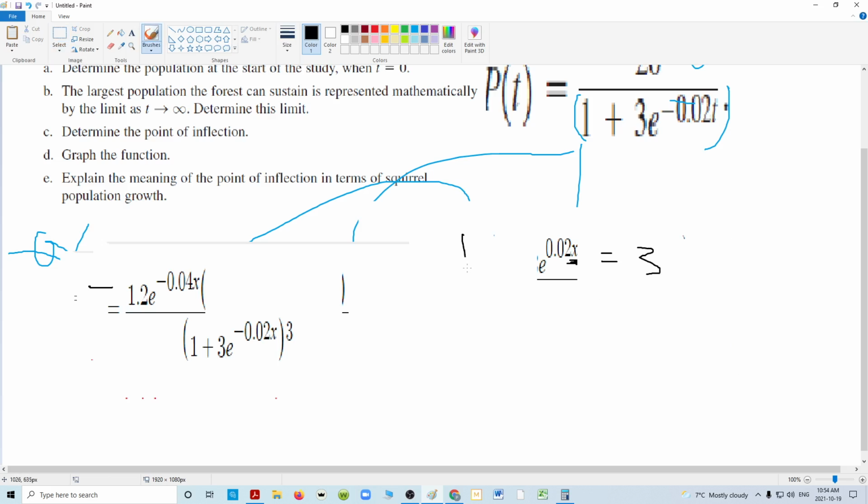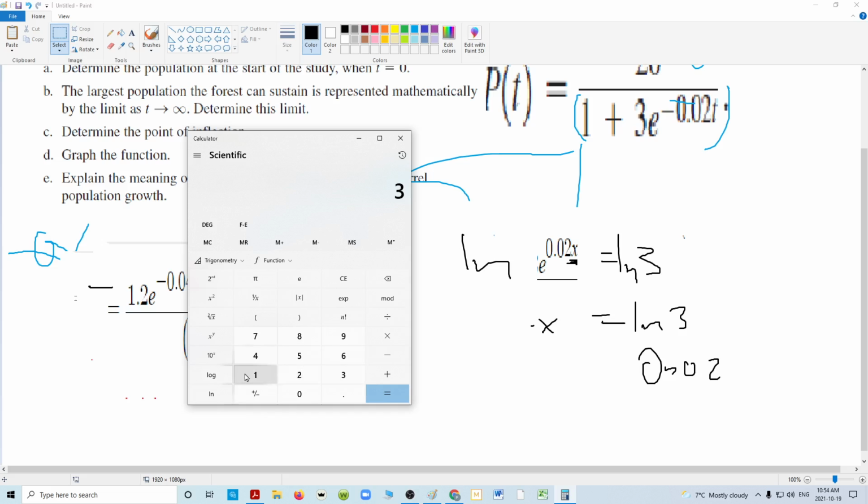Now I can take lns of both sides. This left side simply becomes 0.2x times ln of e. Ln of e is 1. That is equal to ln 3, which means x is simply ln 3 divided by this multiplier. And you can see why I'm not doing it the long way.